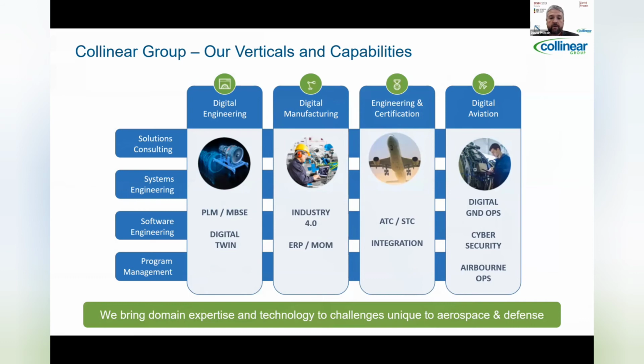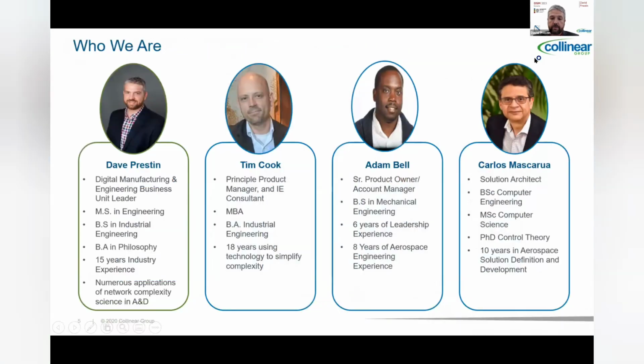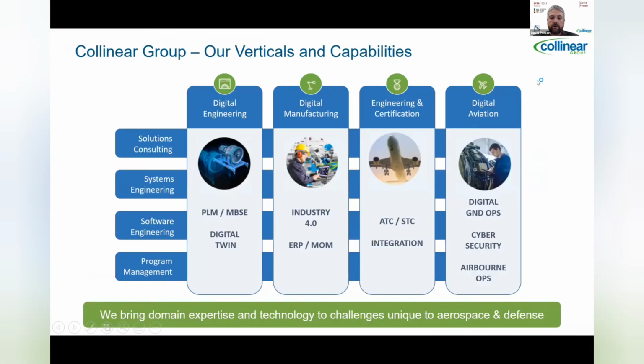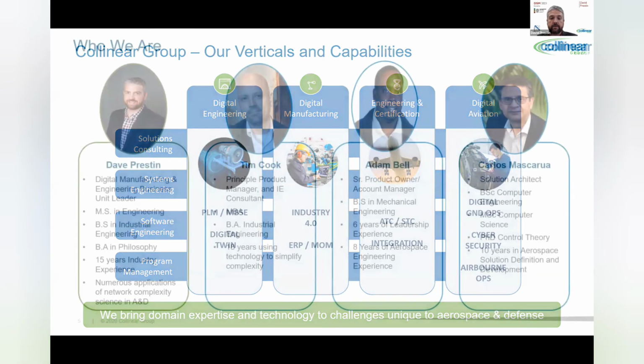As DSM practitioners and systems engineering-minded folks, you would know we have that broad application space and experience across the program lifecycle, and we feel it's really necessary to have all of those capabilities in the vertical combined with those capabilities in the horizontal space. So we bring domain experience and expertise to those challenges unique to aerospace and defense.